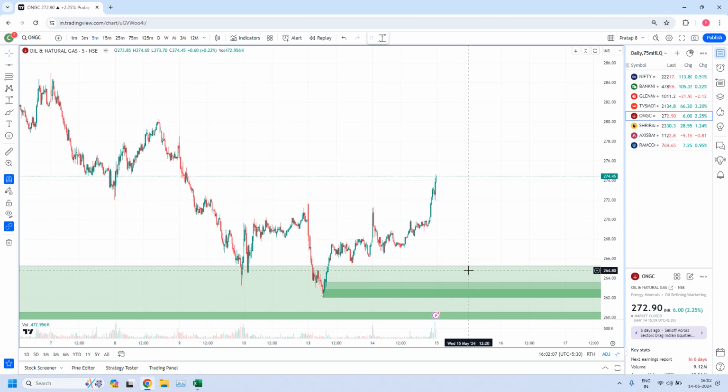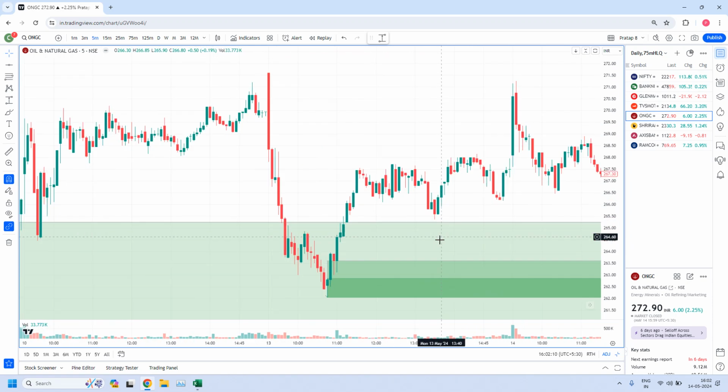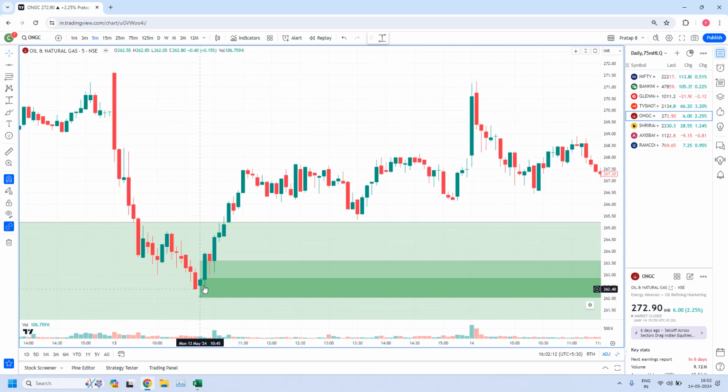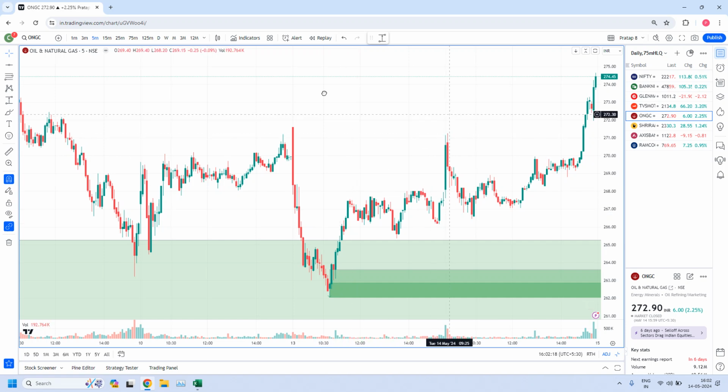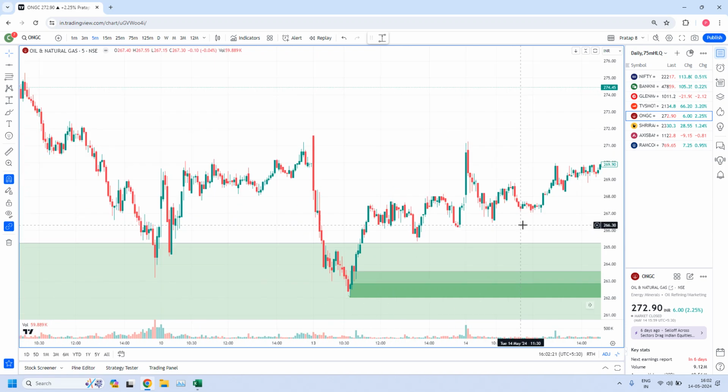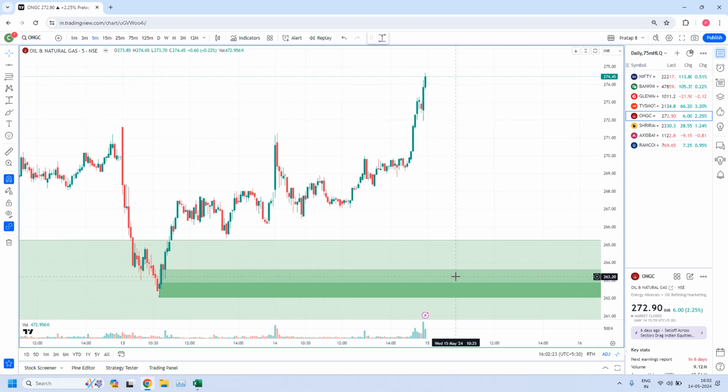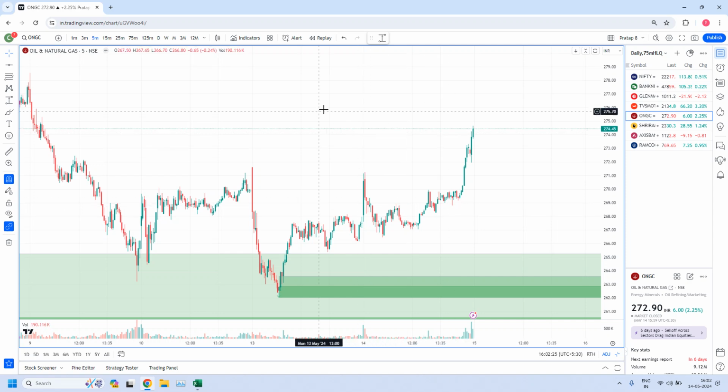This is a fine-tuned zone. Inside this 15-minute zone, we have a drop, base, rally, so definitely we can plan a trade. But prices did not come today, so we didn't get a trade in ONGC.